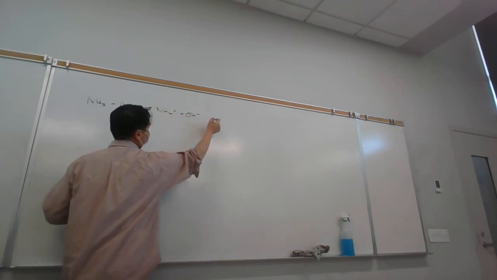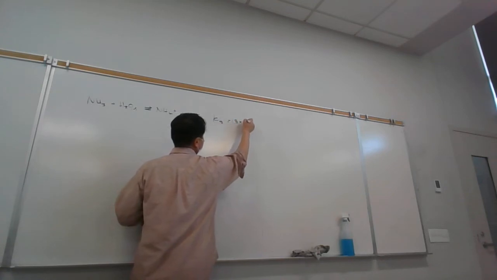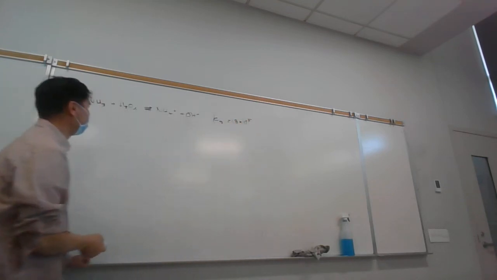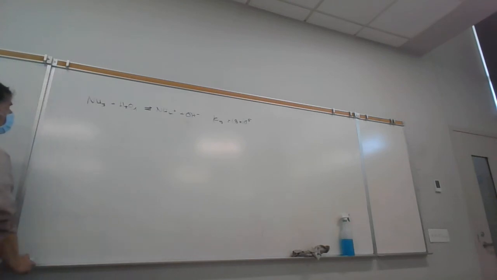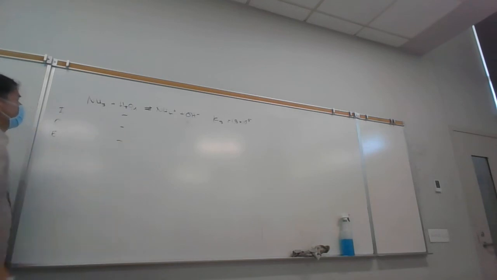So this would be like an advanced problem. Kb is 1.8 times 10 to the minus 5, quite a bit stronger. Ka is 10 to the minus 10. All right, so let's go ahead and plug in. Actually, let's just go straight to the equilibrium, save time here. What was the ammonia concentration again? 1.2.